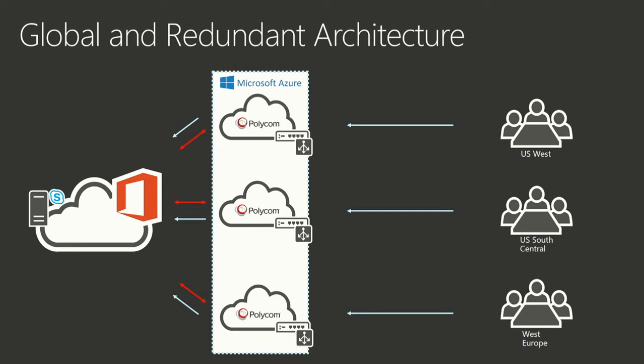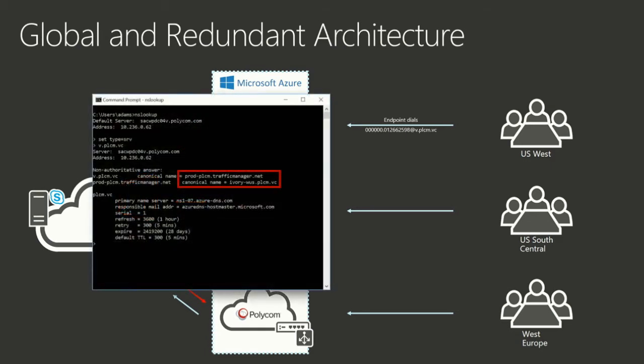In this example, we have an endpoint in the West Coast that is dialing into the meeting. We're dialing our dial string, in this case, manually. What happens is that we use Azure Traffic Manager as a mechanism to route that endpoint to the closest Azure instance. We can see in the SRV record lookup that our endpoint has been directed to that instance in the West Coast.